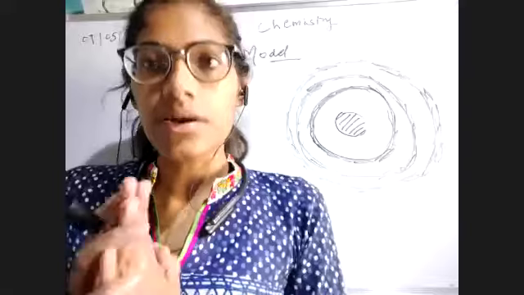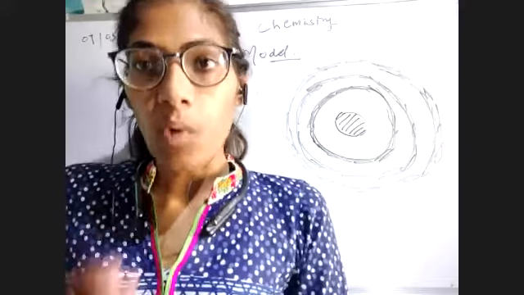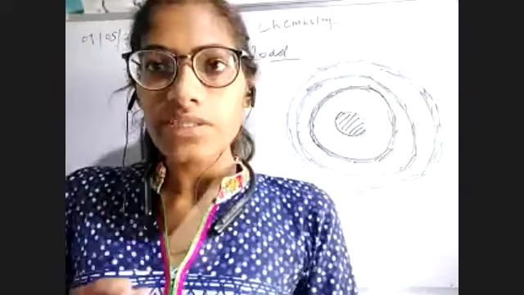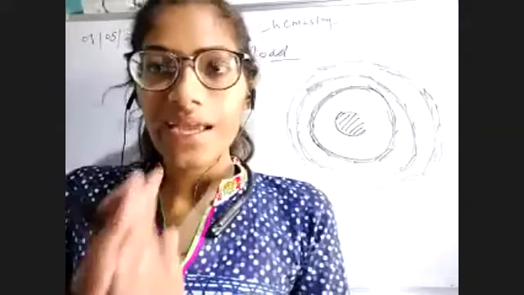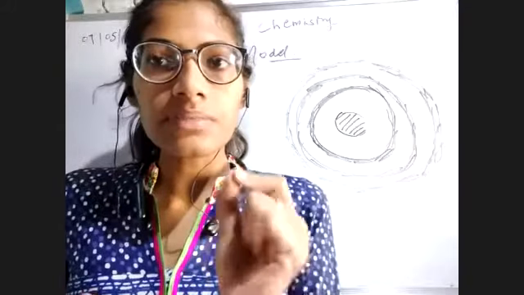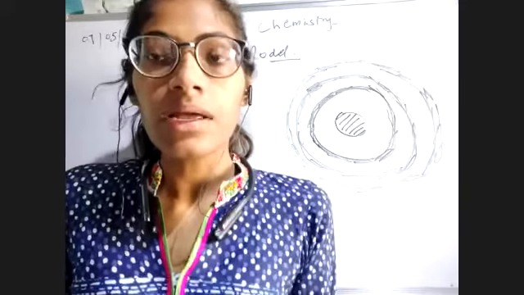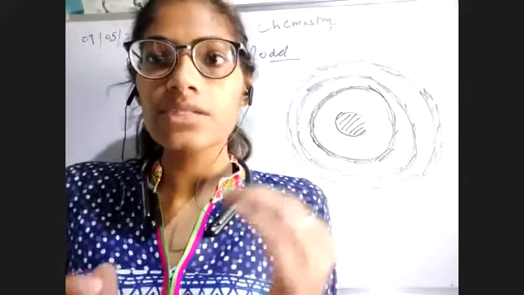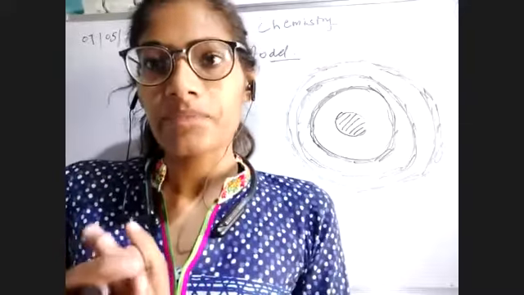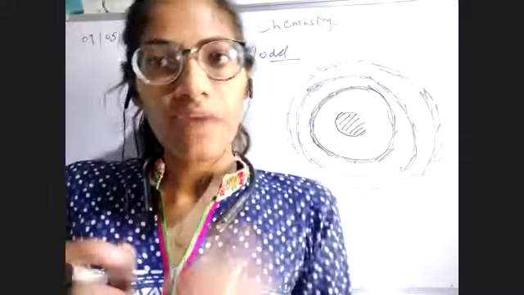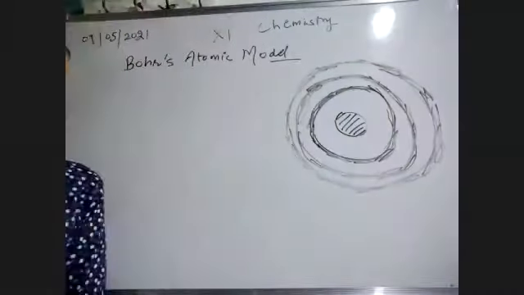We are going to discuss our new topic, that is Bohr's atomic model. Okay, so let's start with Bohr's atomic model. Bohr's atomic model has explained many things, and yet some things were explained previously in the Rutherford's atomic model, but he has explained this in a little bit modified way.